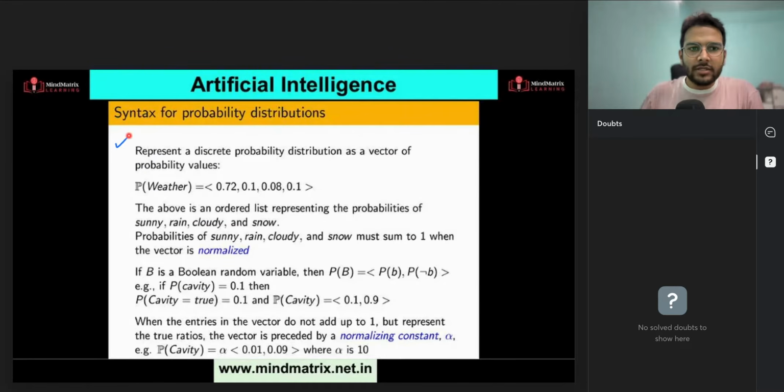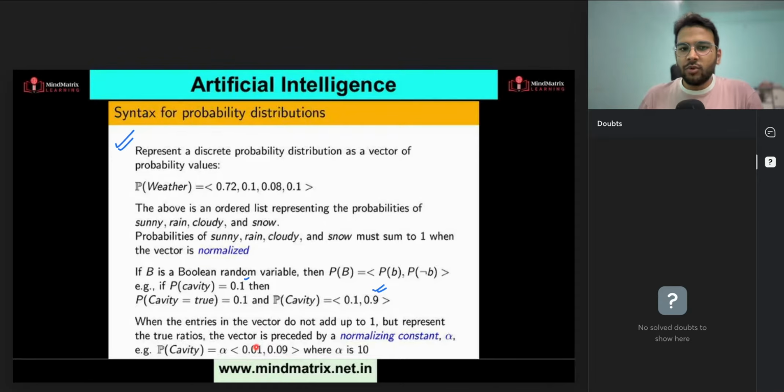And this thing also I discussed, if you remember, that whenever we have the probability of a cavity as 0.1, then if I ask you what is the probability of not a cavity, or cavity equal to false, obviously it is going to be 1 minus 0.1, that is 0.9, right?